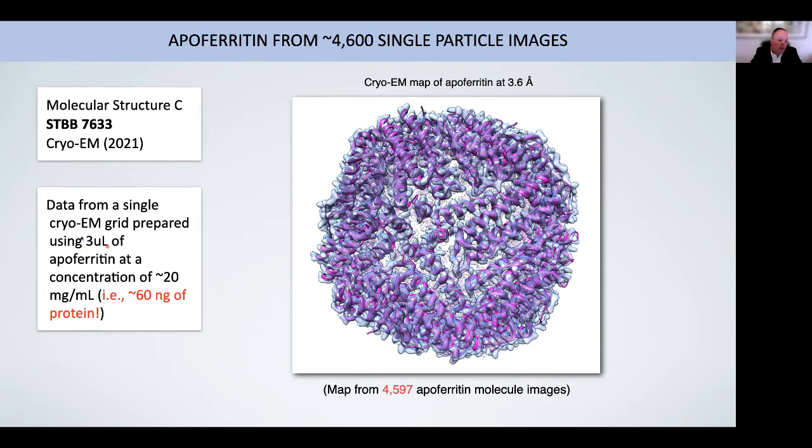That grid was prepared with 3 microliters of an apoferritin solution at about 20 mg per ml, which means that you can, under ideal conditions, get a 3.6 angstrom resolution map of your molecule from about 60 nanograms of protein. So this really shows you the capabilities of EM, of course, under ideal conditions with a very well-behaved specimen.